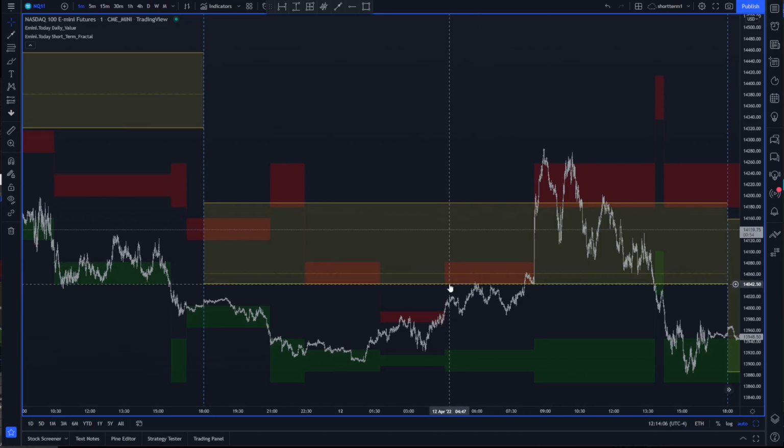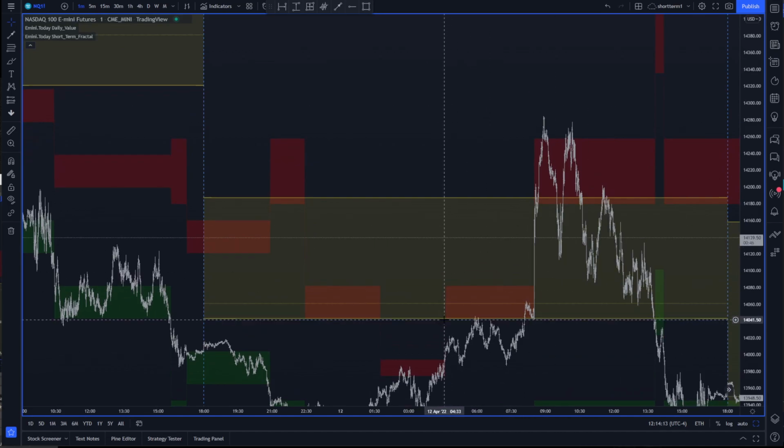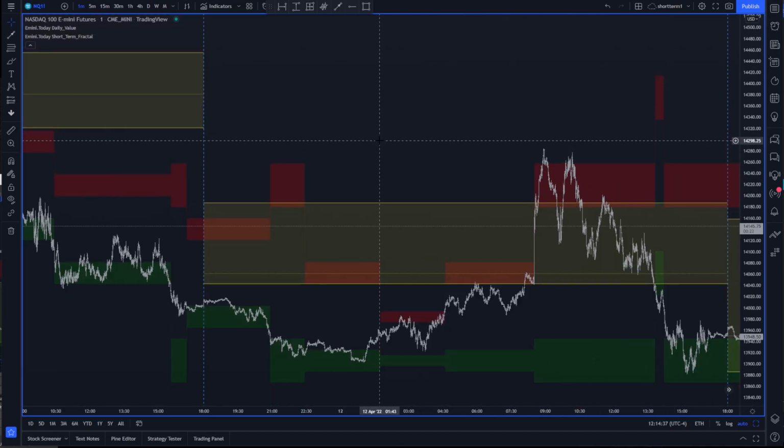You want to see it inside of the value area, but not 100% inside. You don't want it touching or being a bit below, you want to see it inside or totally outside. Okay, that's the first thing that has to happen for the perfect setup.